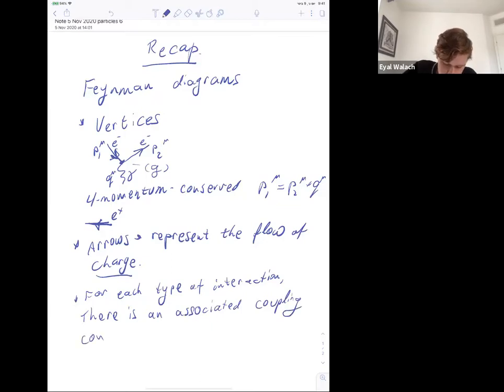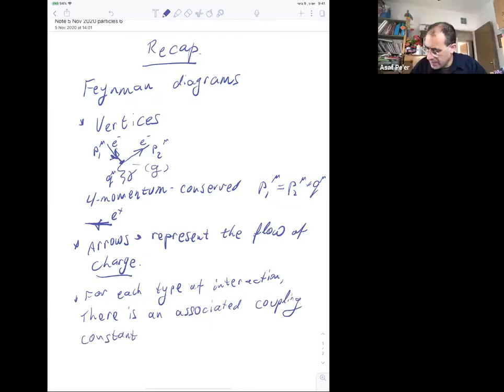From the coupling constant, we calculate measurable quantities, right? We'll calculate the quantum amplitude, and eventually from that we will calculate the probability of an event to happen, the decay, the lifetime of a particle that decays, etc.